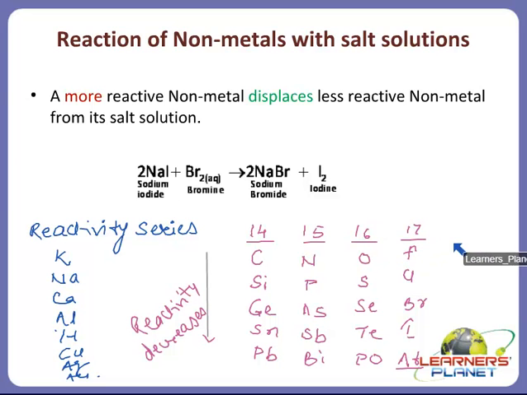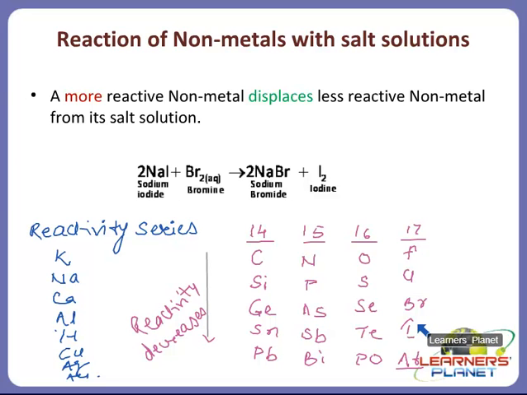So in case of non-metals, the reactivities are decided from their positions in the periodic table or in the group. So in this group 17, which would be most reactive? Fluorine. Least reactive? Iodine, right?